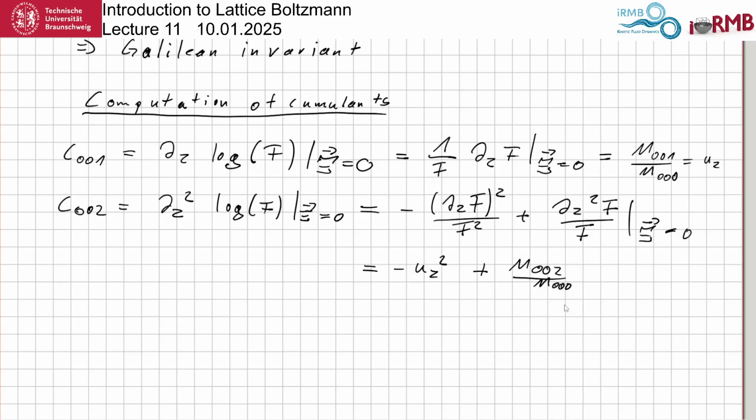Okay, and if you do this for the other directions and you put the equilibrium into it, what you'll end up with is this here. You get 3 times theta, which is the temperature. So it's not the energy, it's directly the temperature.